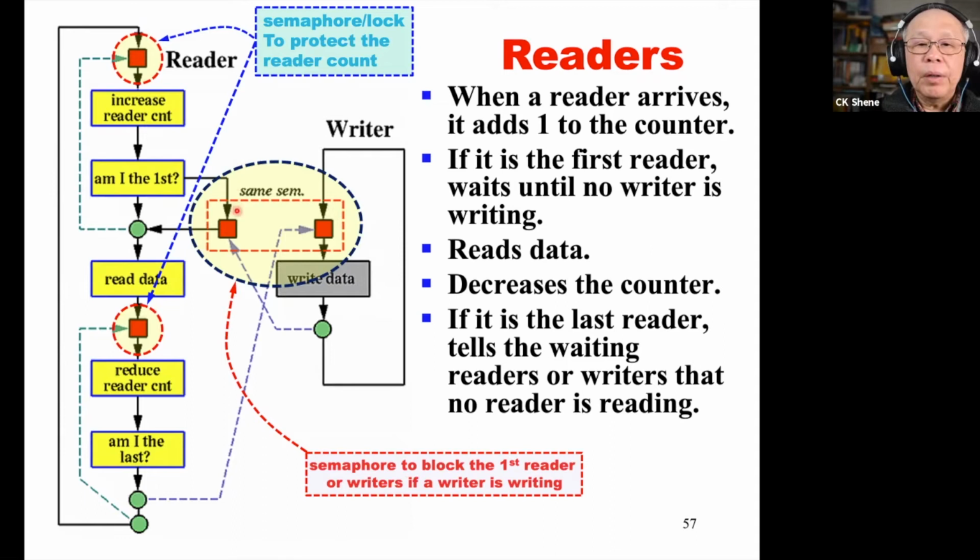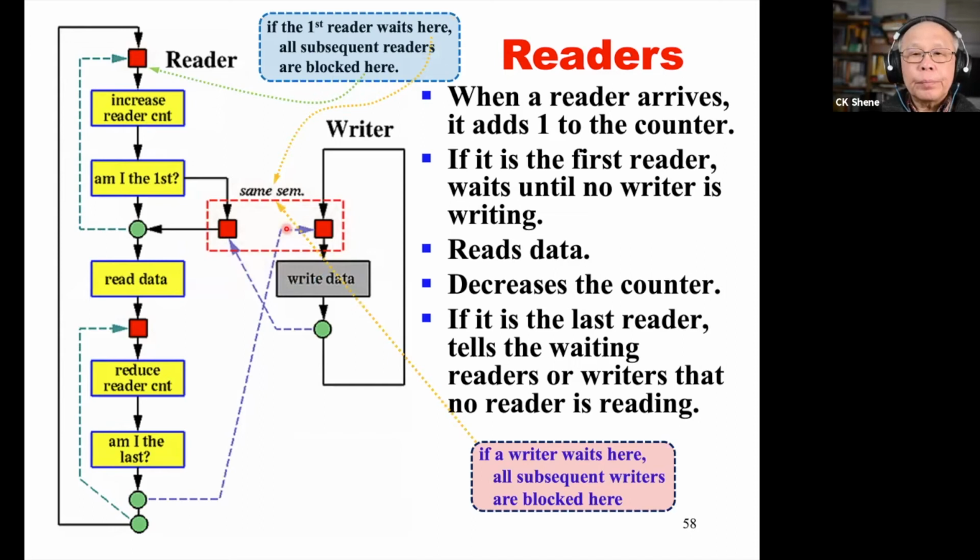If there is a writer writing, I'm blocked here. So this semaphore is used to block all subsequent writers and the first reader if there is a writer writing. Okay, so this explains these two semaphores.